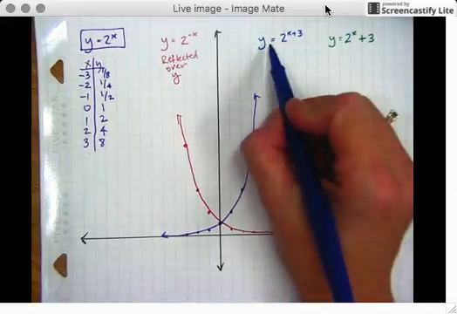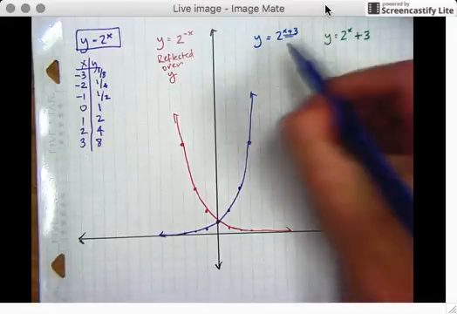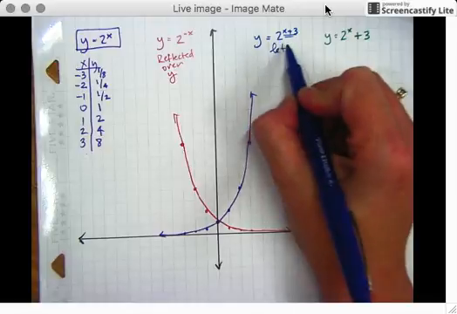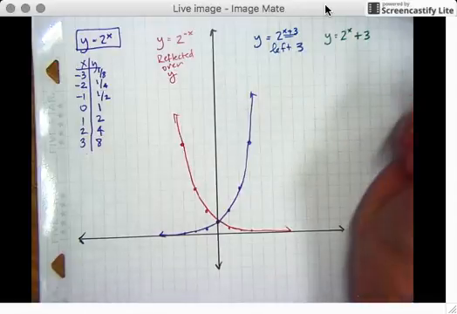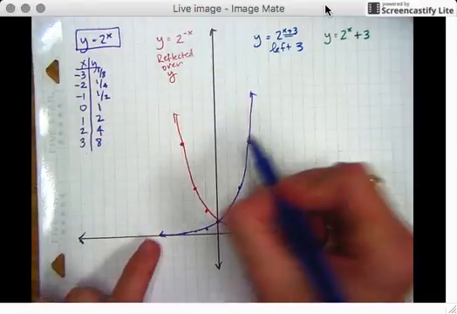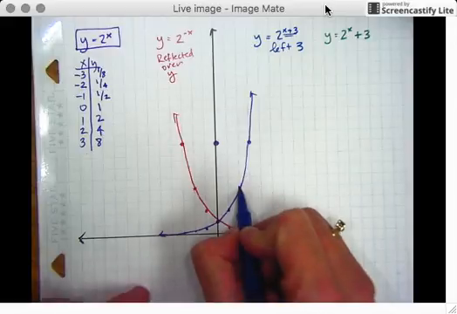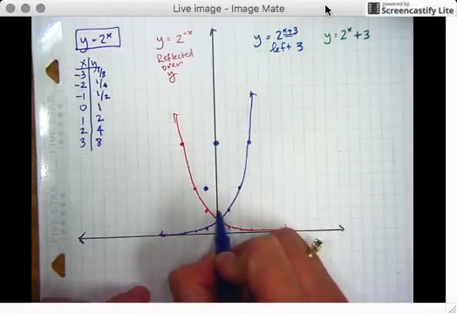Okay, so take a look at the blue one. This +3 is on the exponent. This is a change to the x values. It's going to move to the left 3, left 3 from the original, this purple one that's over here. So this one is now here. This one is here.